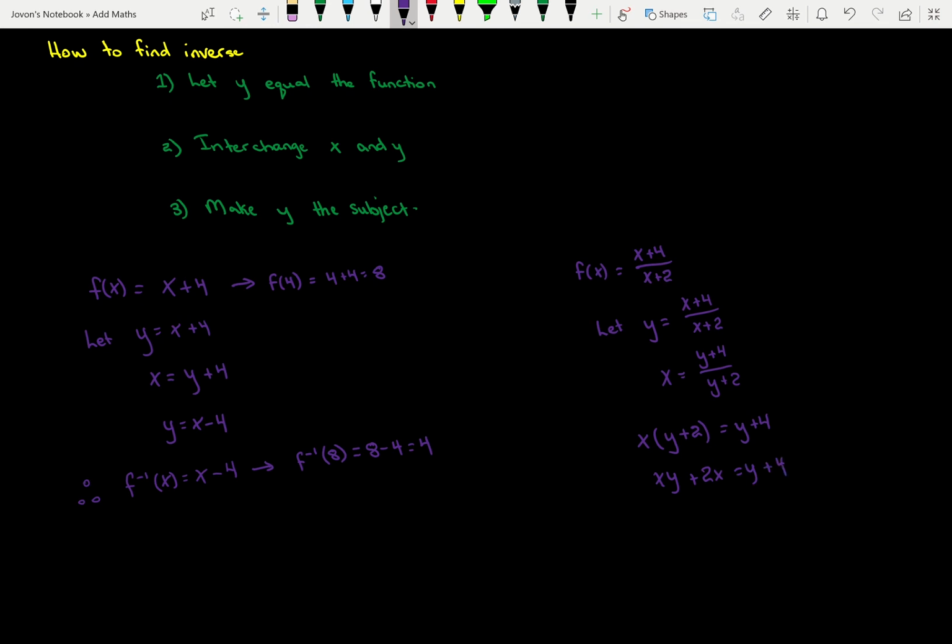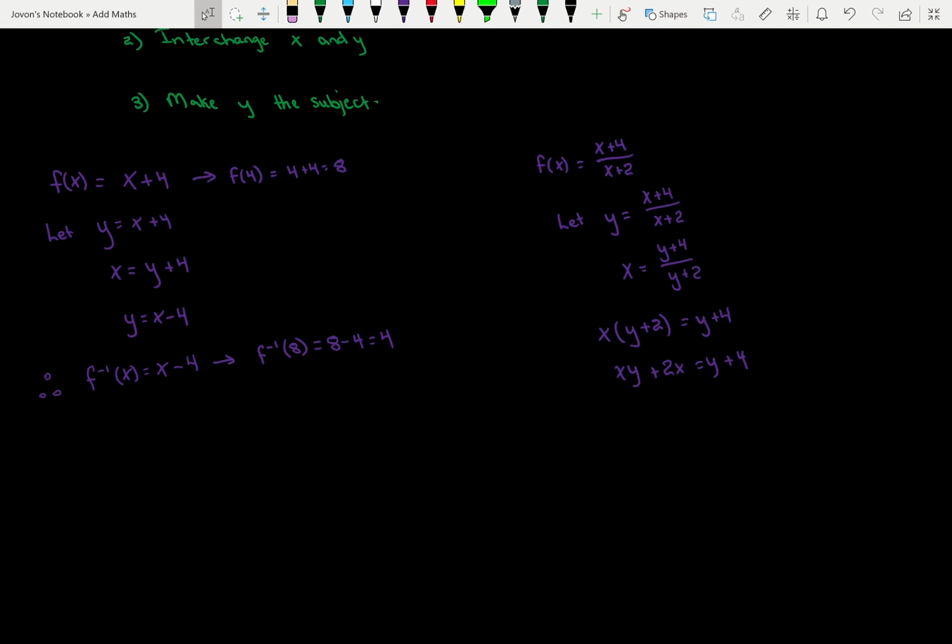Again, if you want to make y the subject, we put all the terms with y on one side and all the other terms on the other side. So what we have is xy minus y is equal to 4 minus 2x. Then we factor out y here. We get y times x minus 1 is equal to 4 minus 2x.